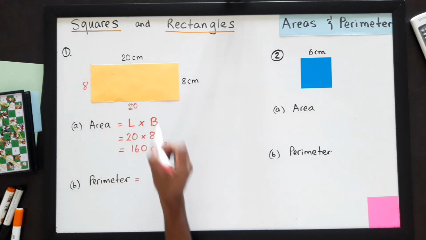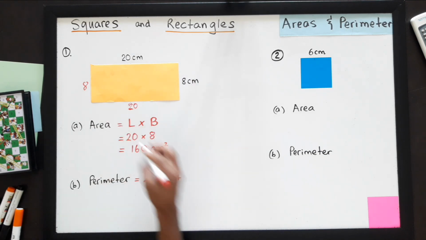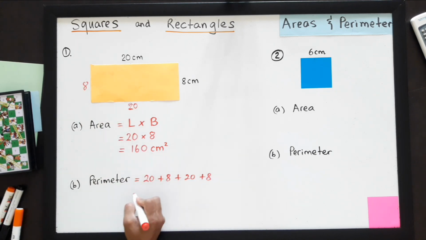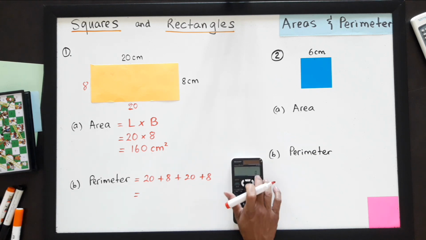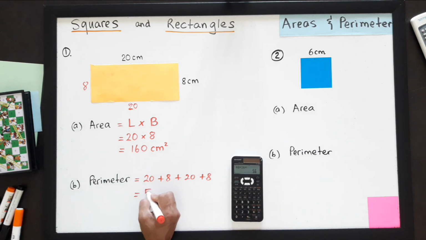So 20 plus 8 plus the next 20 plus the next 8. And that will give me the total distance around the shape. On your calculator or using your head, 40 plus 16, you're supposed to get 56 centimeters.